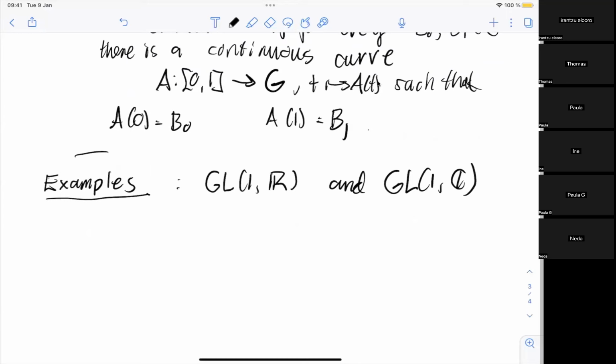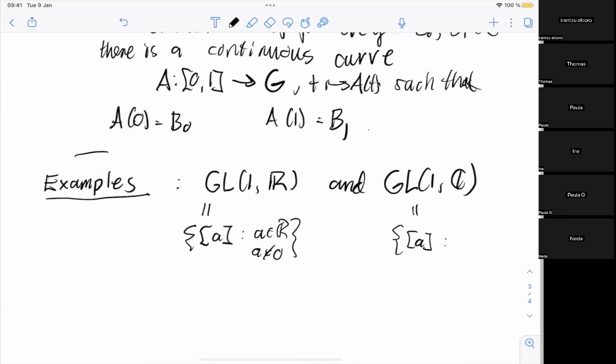So this is all invertible 1-by-1 matrices. Well, this consists of elements like this, where A is real and A is non-zero. Whereas this consists of all A's like this, where A is complex and non-zero.